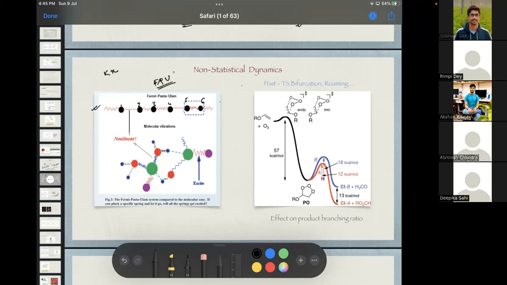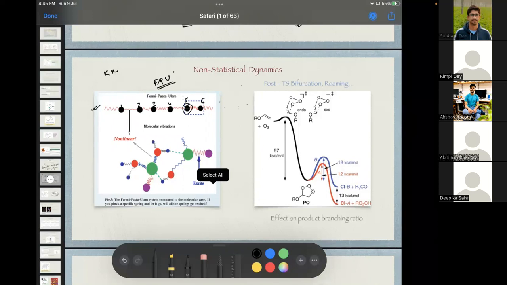What they did was dump a certain amount of energy, or excite a particular pendulum, let's say the fifth pendulum here. Now they were studying computationally how the energy from this oscillator is getting transferred into other oscillators, like let's say 6, 4, 3, 2, 1, etc. So they studied the energy transfer dynamics of different oscillators.